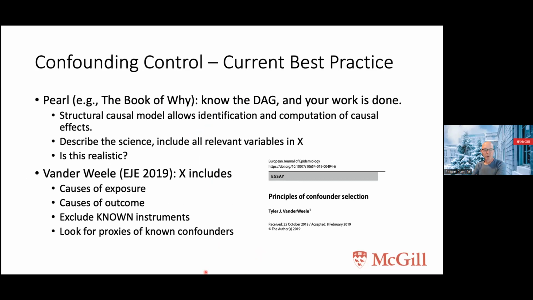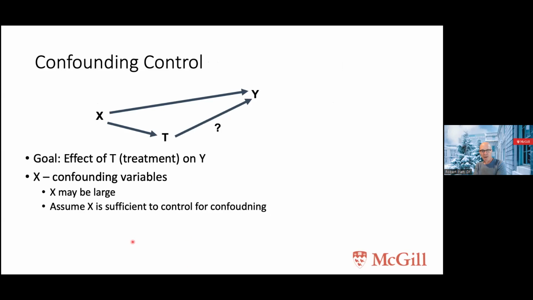And if you read his book, The Book of Why, or his more advanced book, Causality, he essentially says, if you know the directed acyclic graph, you're done. That is, if you expand out this graph to represent what you think reality is, then there's a set of rules that you can use to say, I should control for this set of variables in this way.